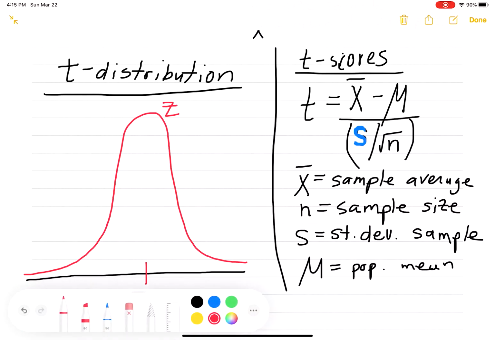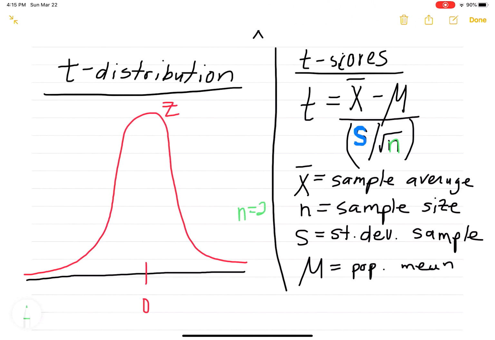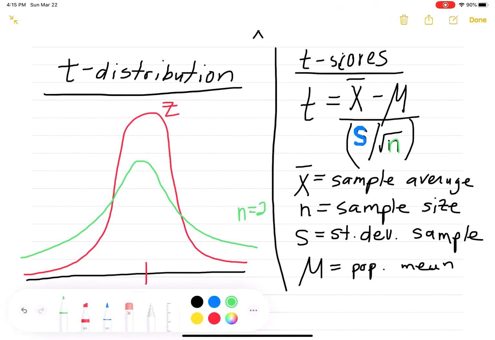And let's say we take a t-distribution, where the t-distributions are reliant on the sample size. So let's say I have a sample size of 2. My t-distribution may look something like this. So it looks a lot like the standard normal, but the tails are much fatter and it doesn't peak quite as high as the standard normal.